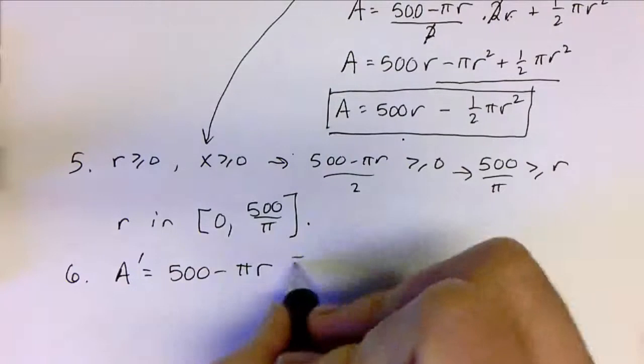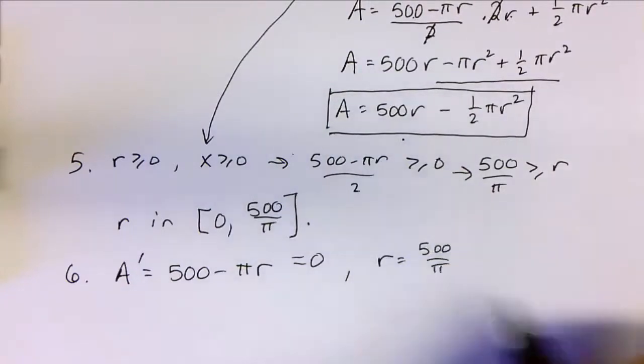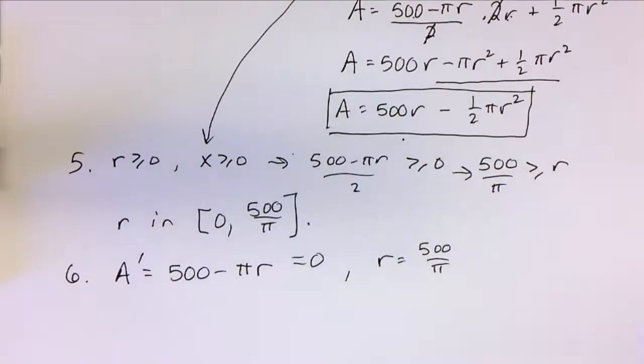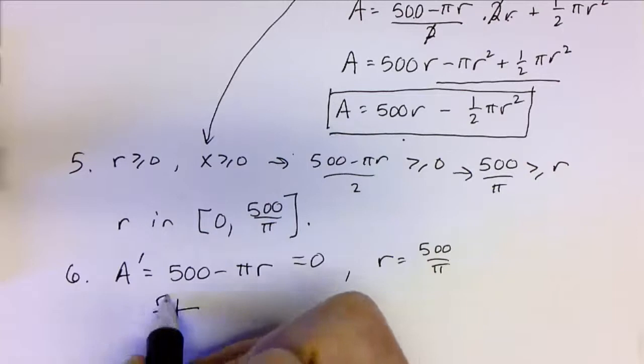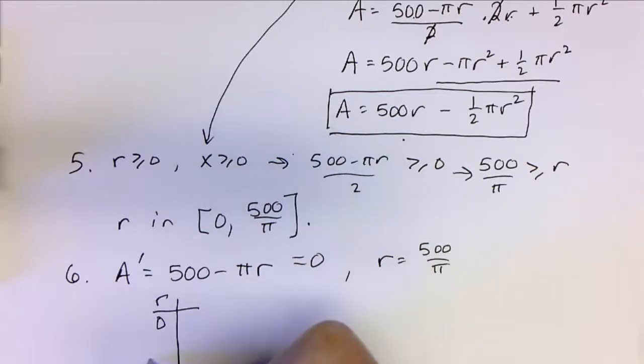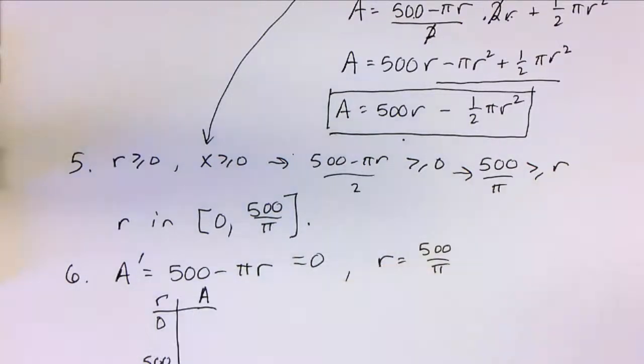Set the derivative equal to 0, and I get r equals 500 over pi, which corresponds to one of the endpoints of our interval. That's okay, because in the closed interval method, we list the endpoints and the critical points. In this case, the critical point and the endpoint coincide, and we check the area at each.